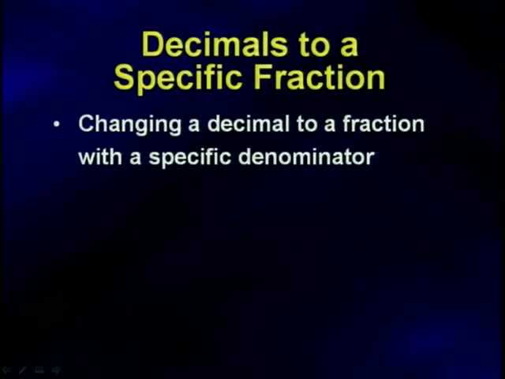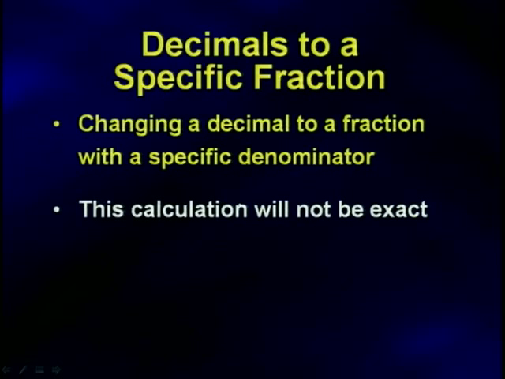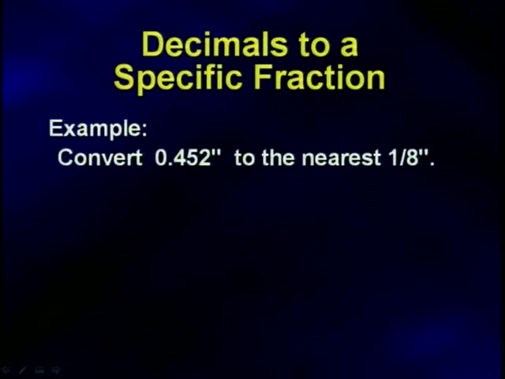Next, I'm going to show you how to change a decimal to a specific fraction. In other words, now we're going to change a decimal into a fraction that has a specific denominator. This calculation will not be an exact calculation because we're going to be rounding. So it's not going to be an exact calculation, but it'll be close. Say I had 0.452 inches, or 452 thousandths of an inch, and we want to round that to the nearest eighth.